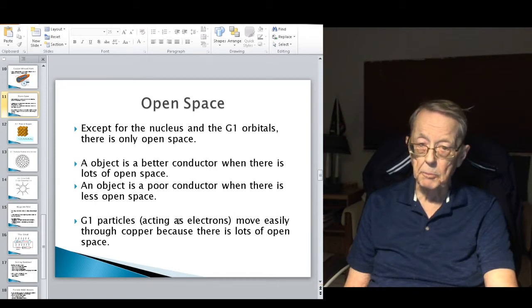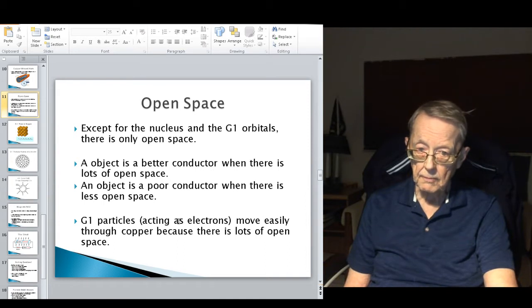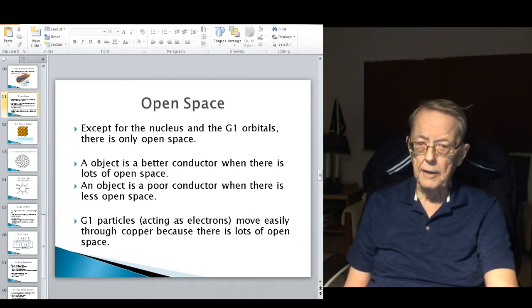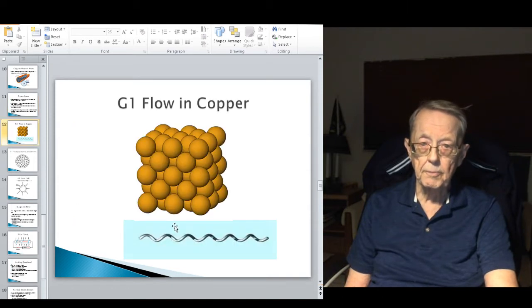An object is a poor conductor when there is less open space. And so with this open space, the G1 particles, which are acting as electrons, but they're G1 particles, move easily through copper because there is lots of open space. Lots of them just plain go straight through the copper wire.